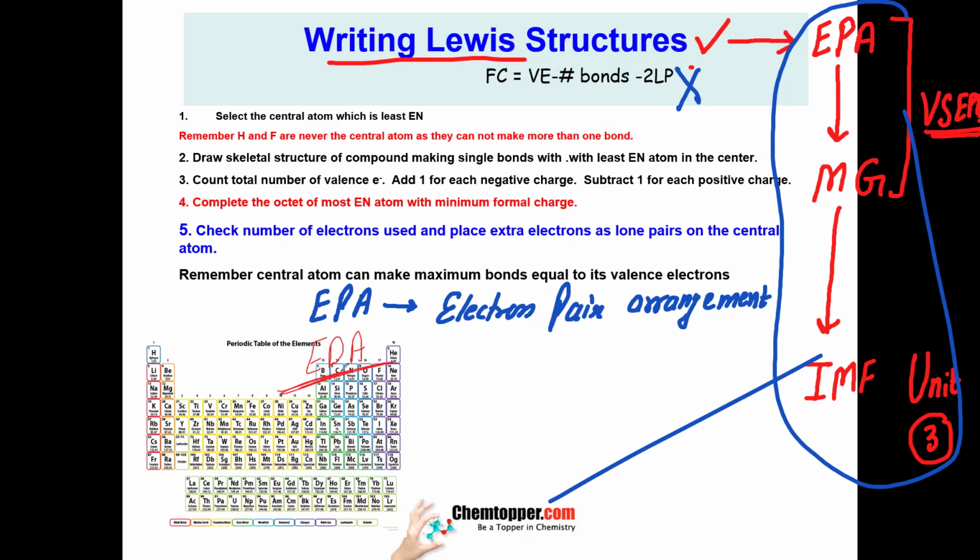Electron domain arrangement. In electron pair arrangement, you will be checking the bond pair. Now you know the bond pair and lone pair. In fact, the bond pair word, I will be replacing it by atoms. Rather than bond pair, I'll write atoms because atoms are the one which are going to make bonds. EPA is determined by this. Yes.